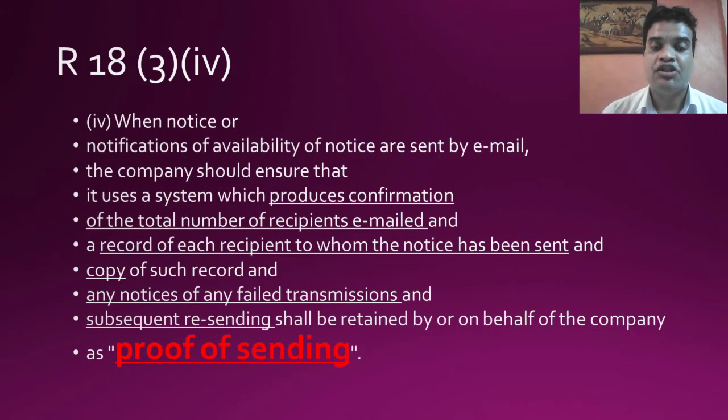Two, should record each of the recipients to whom the notice has been sent and a copy thereof, and any notice which has failed to reach the intended person, as well as its subsequent resending, and this system shall be held. This system will be used as a proof of sending the notice to the members.